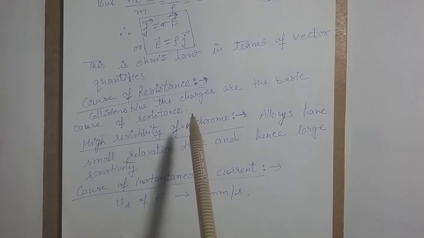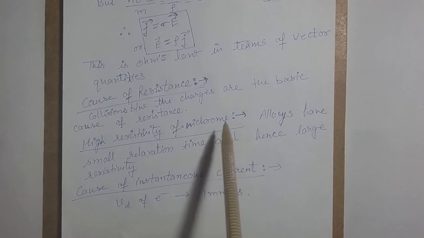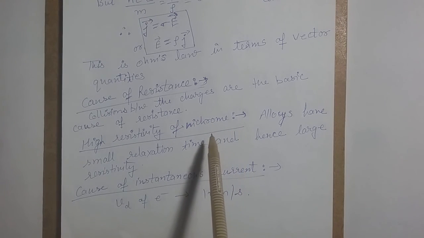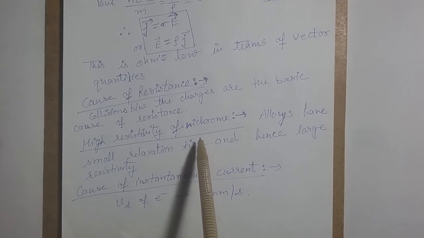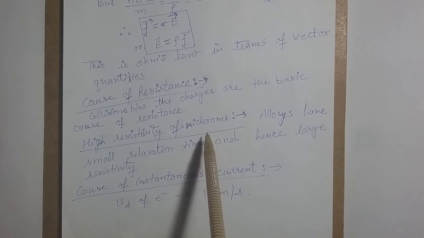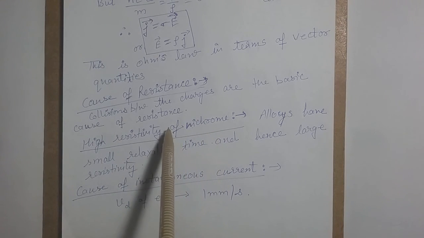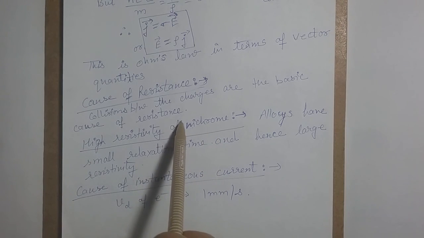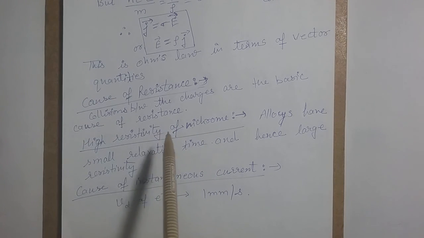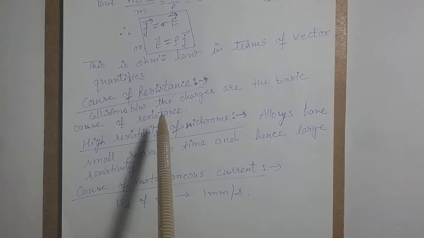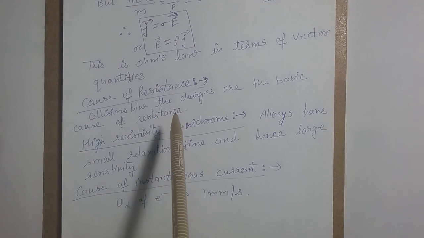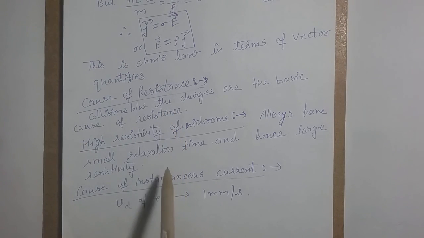When the charged particles collide with each other in a given conductor, there is resistance to the flow of charged particles, and we know that the flow of charged particles constitutes current. So with successive collisions, the resistance to the flow of charged particles increases, hence they reduce the flow of current through a given resistor.